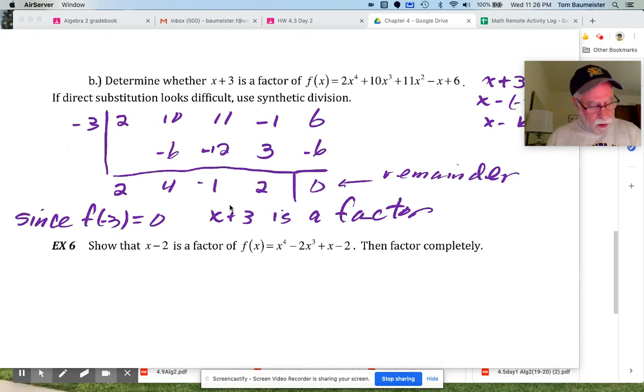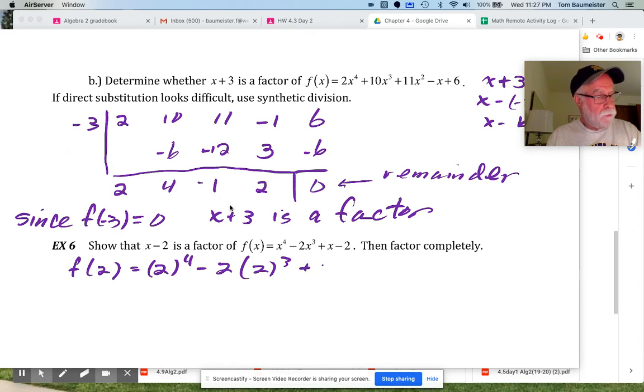So in this case, I'm just going to use direct substitution like I did before, just because it's 2, so it's kind of a simple one. So I'll have 2 raised to the 4th power minus 2 times 2 cubed plus 2 minus 2. All right, 2 to the 4th is 16. 2 cubed is 8. 8 times 2 is 16.